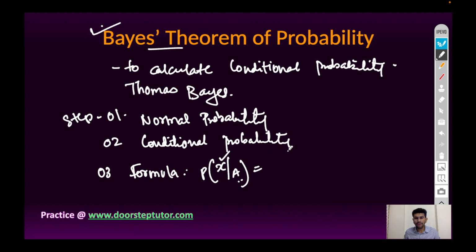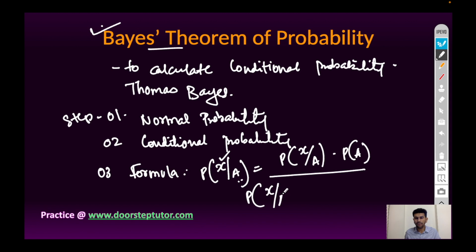So the formula will be probability of X event out of A factor multiplied by probability of A divided by probability of X event out of A factor multiplied by probability of A plus probability of X event out of B factor multiplied by probability of B.